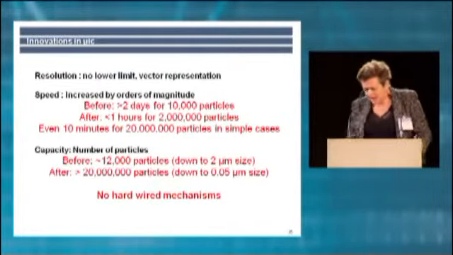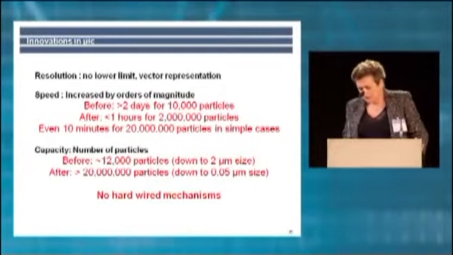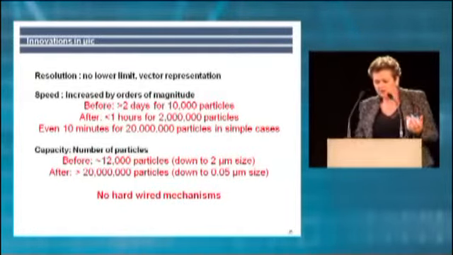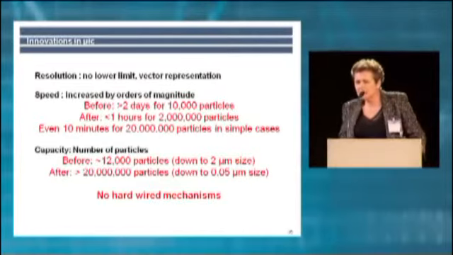So it was quite a challenge to develop this model because it had to be quite fast. And you see that when we started out, we had a simple model which could model 10,000 particles in 2 days. Quite honestly, that's pretty useless for doing anything practical.